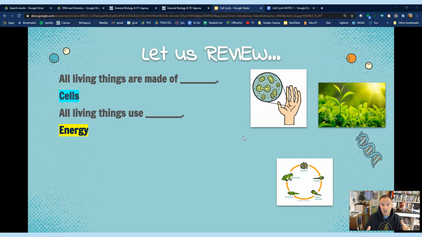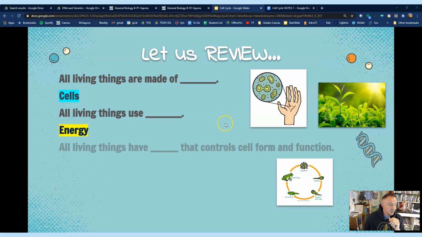The ecosystems that are the richest are the ones with the most energy, and the ones that are the least biodiverse, least biologically rich, are the ones that have issues with energy, either not enough light or some of the other abiotic factors are off. So all living things are made of cells, and all cells need a source of energy to survive.